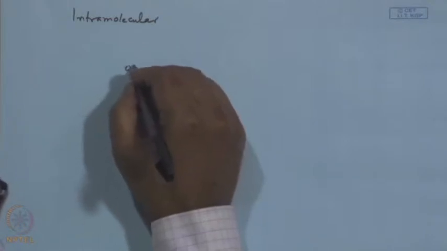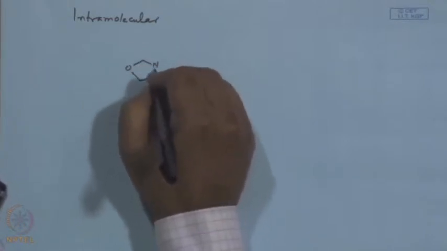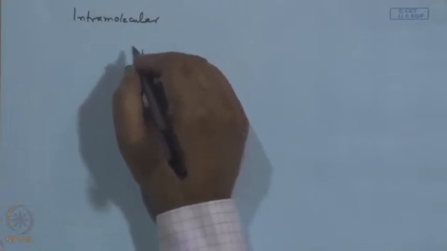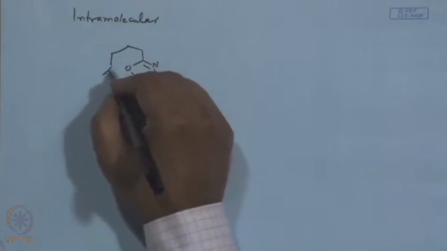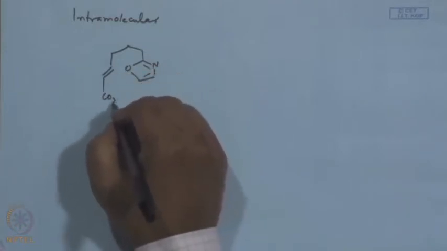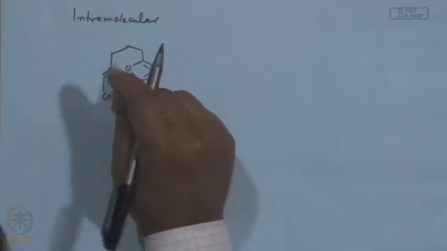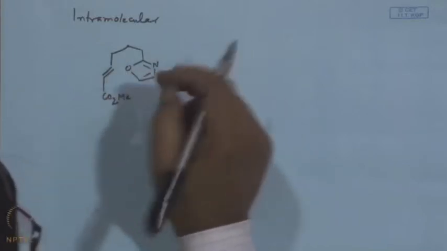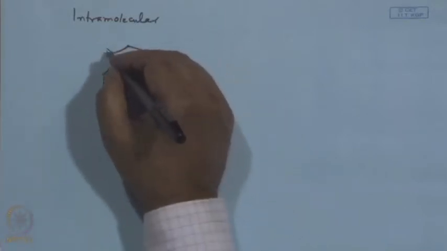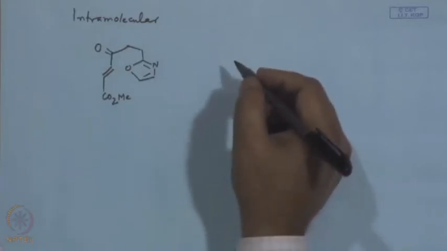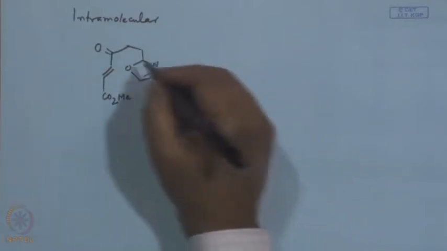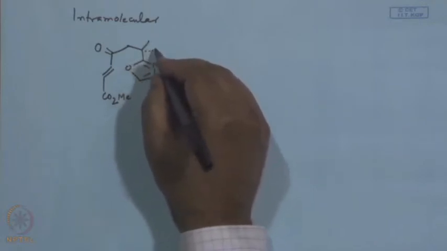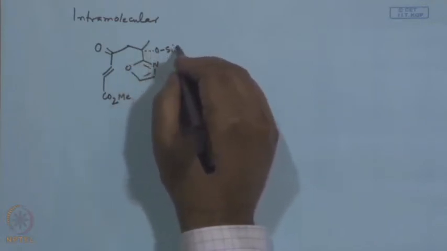Again, oxazole means a 1,5 heteroatom system. Now you have a double-bonded dienophile like the previous ester, but it is more active due to the presence of one more electron withdrawing group, and then you have all kinds of functionalization.